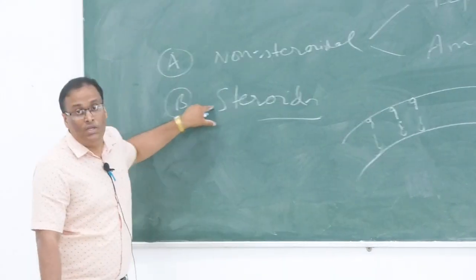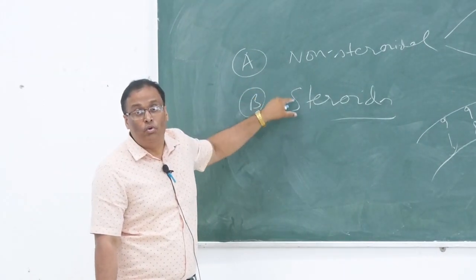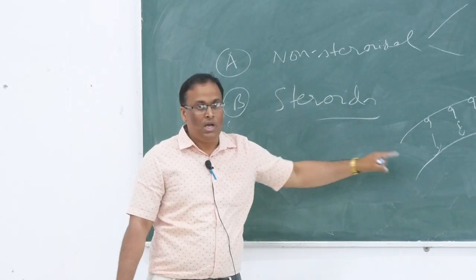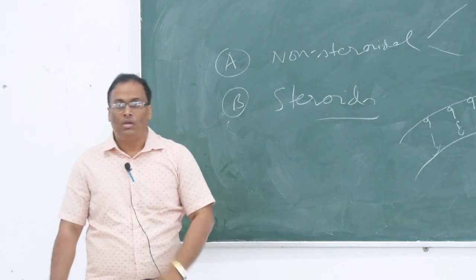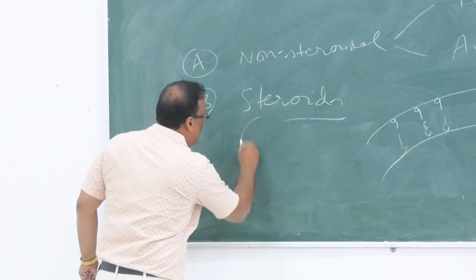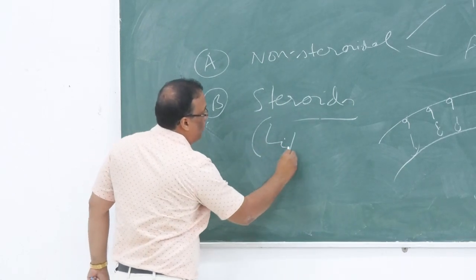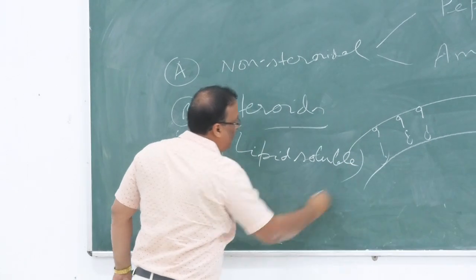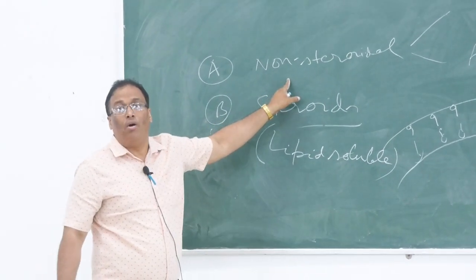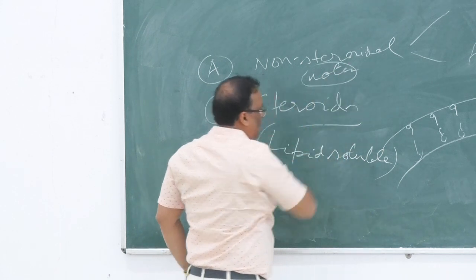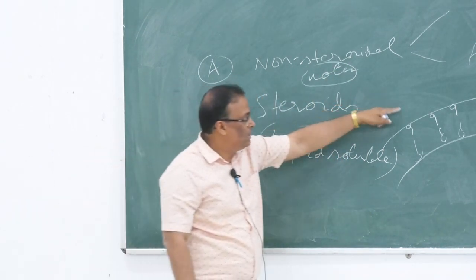By thinking of this, we have divided them into two parts. Now you tell me which hormone will pass and which should not. Yes, steroid hormones will pass. That means they may be termed lipid soluble, and the others water soluble. Now some hormones can pass through this layer.